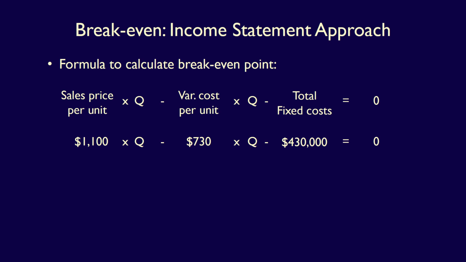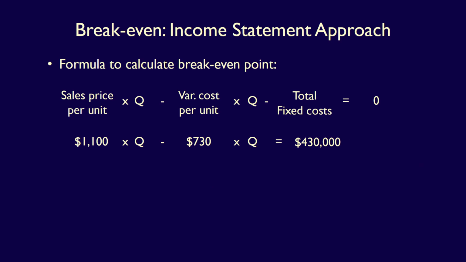Let's solve the equation for the letter Q, the quantity that needs to be sold in order to break even. We're going to start by adding $430,000 to both sides of the equation, which will result in the following formula: 1,100Q minus 730Q minus $430,000 plus $430,000 is equal to zero plus $430,000.